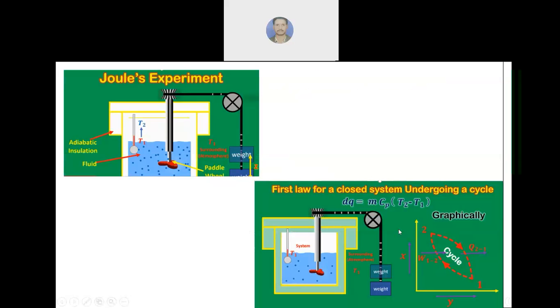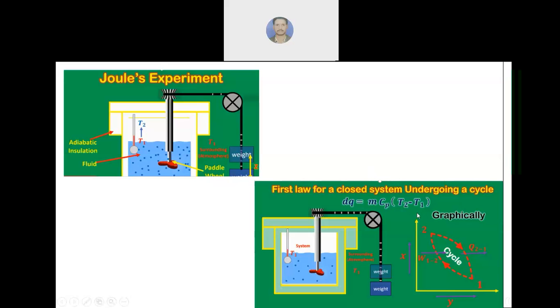In the next case, there is a temperature change and loss of heat. When you remove the insulation, there is loss of heat. So in process 2 to 1 there is heat transfer. Process 1 to 2 has work transfer equal to the potential energy, and process 2 to 1 has heat transfer equal to mCp delta T.